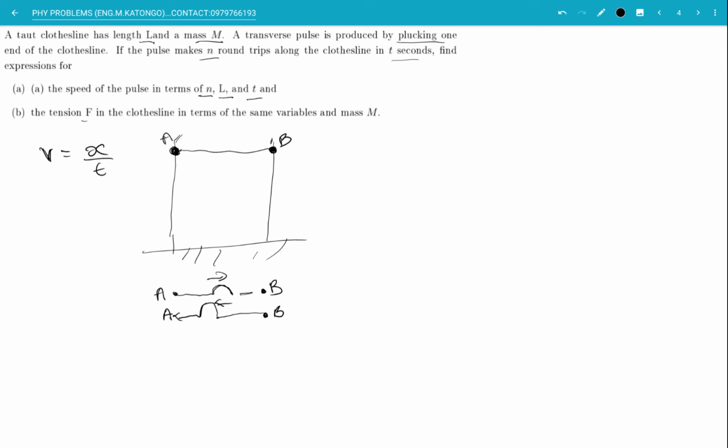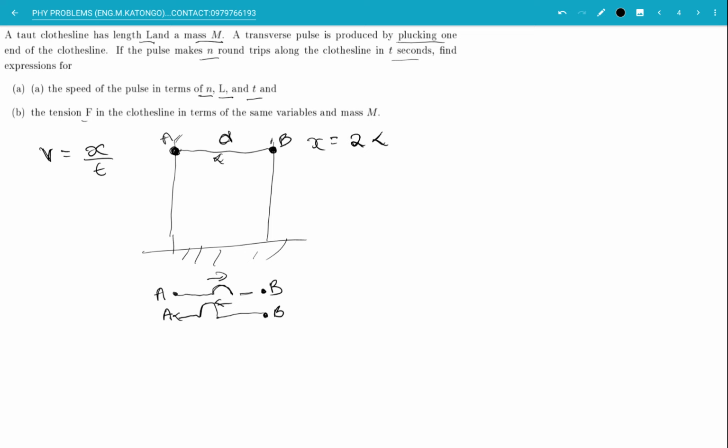So hence the distance traveled by the pulse, D, in terms of L will be twice the length. Now, provided that it makes n rounds, we have to cater for the n rounds.